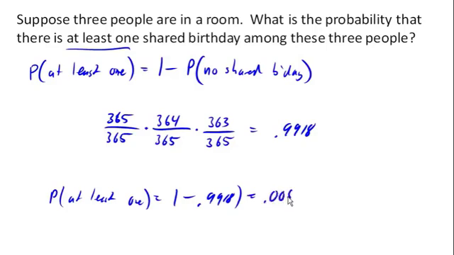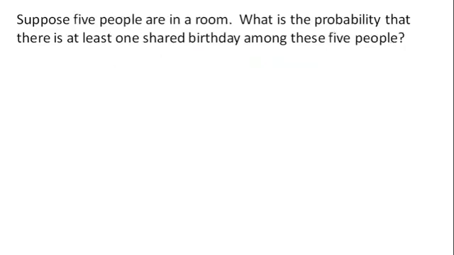Not too big. Let's make our group a little bit bigger now. Suppose we've got 5 people in the room. Then the probability of at least one shared birthday, again, will be 1 minus the probability of no shared birthdays. In order for that to happen, the first person can pick any day they want.